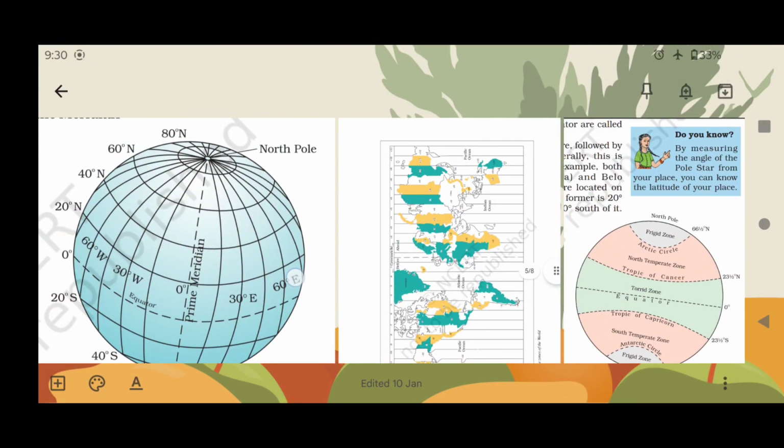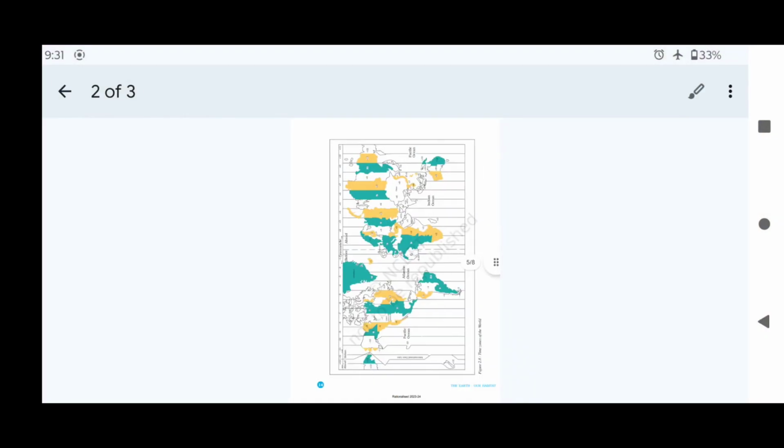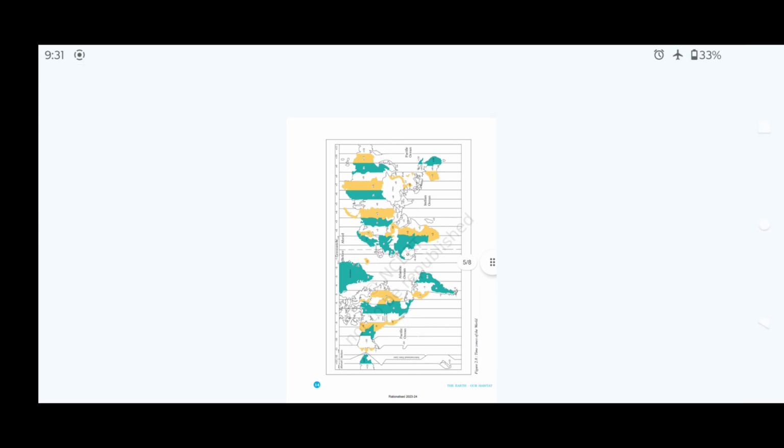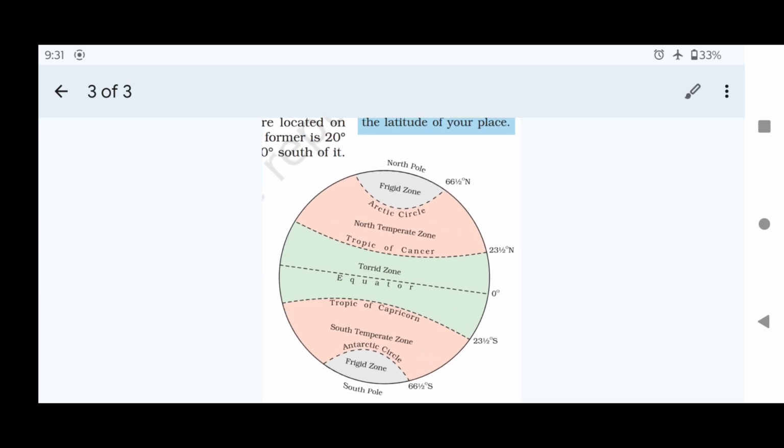Here are some pictures from the NCERT book about the axis, North Pole and South Pole. Another picture is of the map of the world and its latitudes and heat zones.